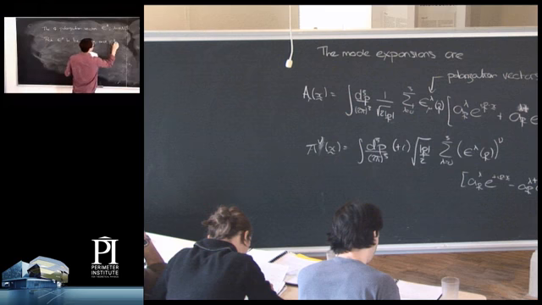And by the way, each of these are 4-vectors. So there's a mu index here, which is the vector index, which I'm suppressing. Okay. And the others to be space-like.